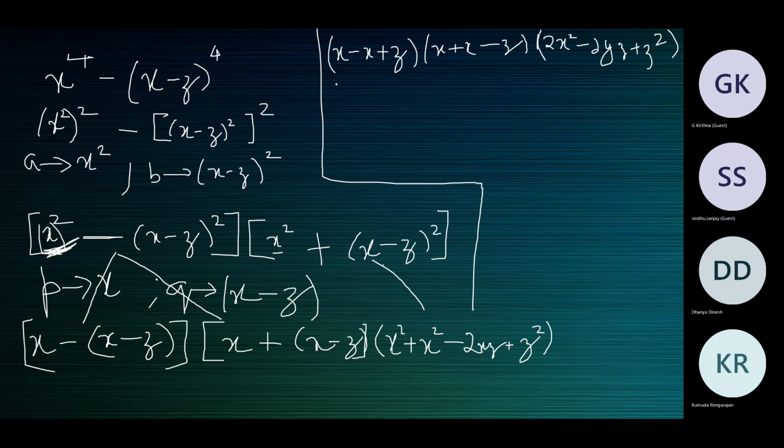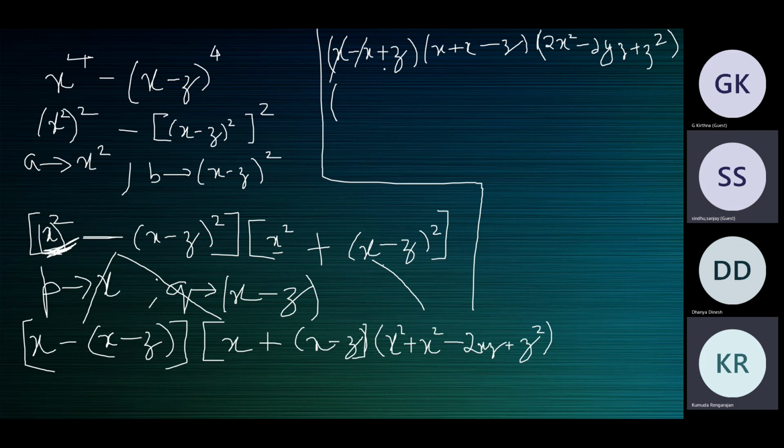Now the first bracket can be simplified further. What will you get? Plus x and minus x will get cancelled, right? Yes, ma'am. You cannot cancel between the brackets, like you cannot cancel plus z in the first bracket and minus z in the second bracket.